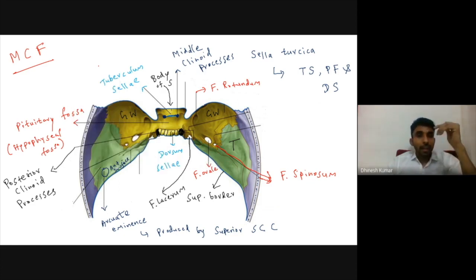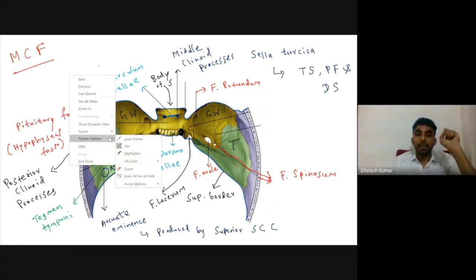Can you see, just in front and lateral to the arcuate eminence, there is a thin plate of bone called the tegmen tympani. Regarding the tegmen tympani, please remember two important points.